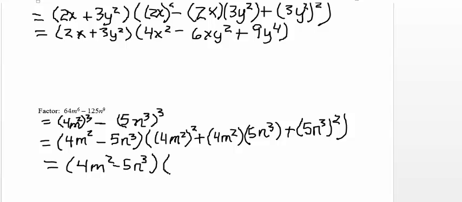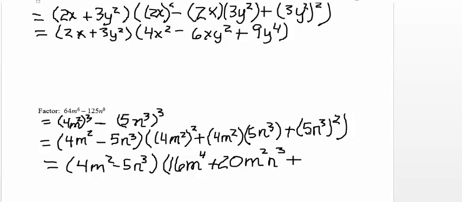But I do want to apply these powers. So when I square 4, I get 16. When I square m squared, I get m to the fourth. 4 times 5 is 20. And I have m squared times n cubed.